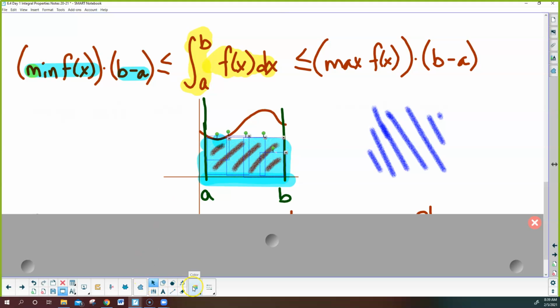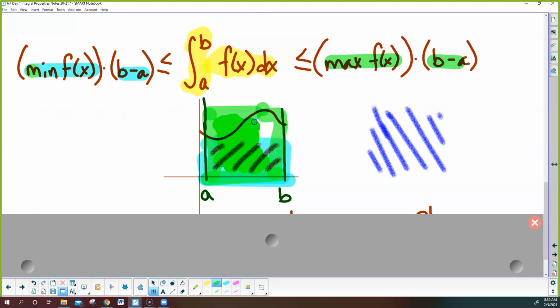Well, then what if I took the highest value? What if I took the maximum of f? So on this graph in between a and b, here's the largest piece. And if I do the difference from a to b, if I do the width again, that will give me a rectangle that looks like this. And I can find that area.